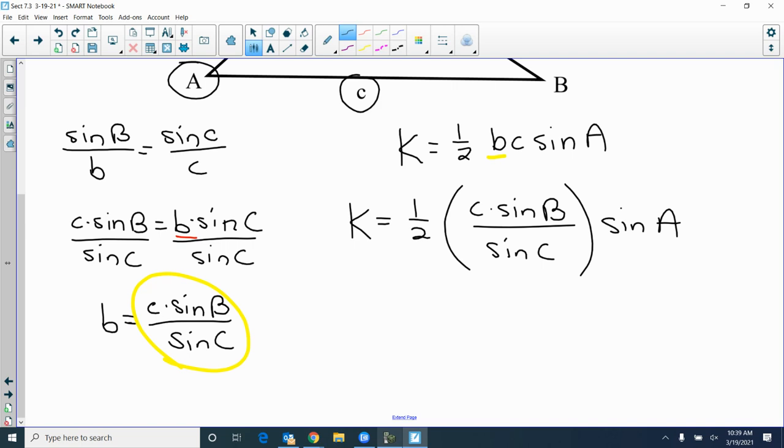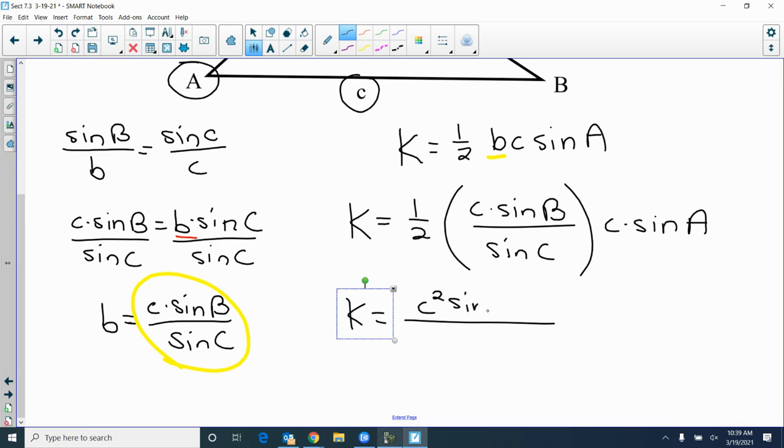Let's just clean it up a little bit. I missed the C, didn't I? Thank you, Tyler. Keep me on my toes. I need to have that C times sine of A. Okay. Now all I'm going to do is clean it up a little bit. So K equals, and I'm going to do a numerator. In the numerator, I'm going to have C times C, which is C squared.